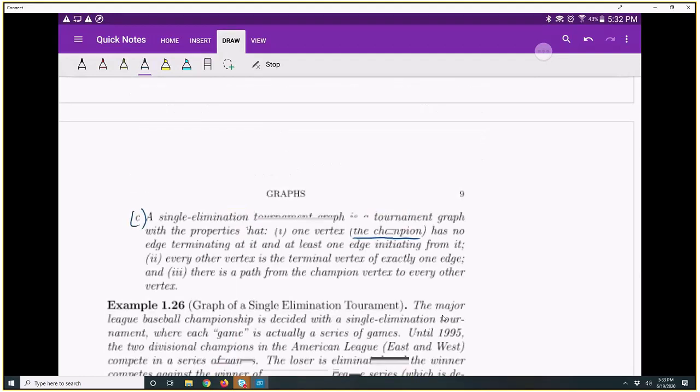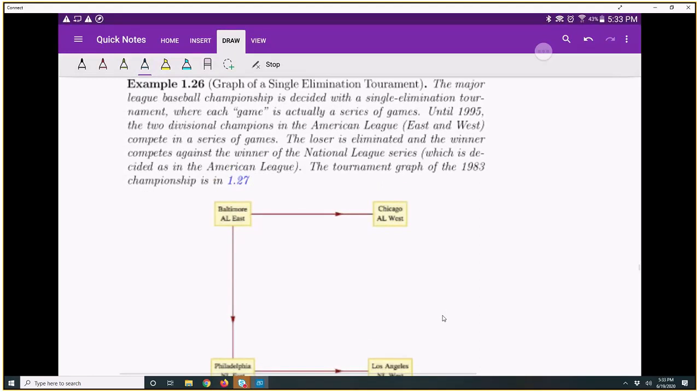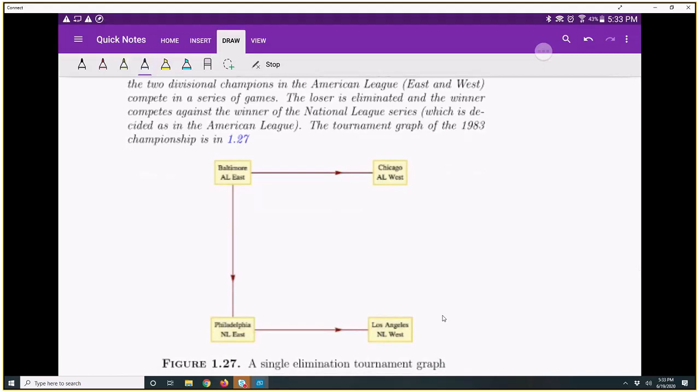The Major League Baseball championship is decided with a single elimination tournament, where each game is actually a series of games. Until 1995, the two divisional champions in the American League, East and West, compete in a series of games. The loser is eliminated, and the winner competes against the winner of the National League Series, which is decided the same way. The tournament graph of the 1983 championship is below in figure 1.27.